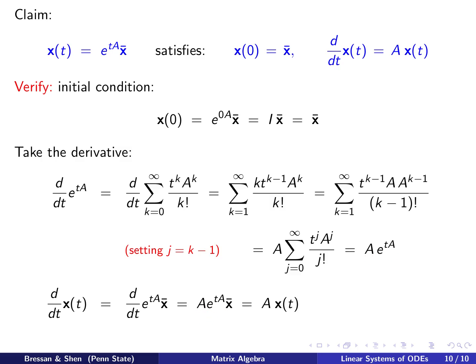And then I see this term here, e to the tA times x bar, is just our x of t, so I get A times x of t. Which means that this x here satisfies the system of ODEs. And therefore, it satisfies the initial condition together, then we say it is the exact solution.